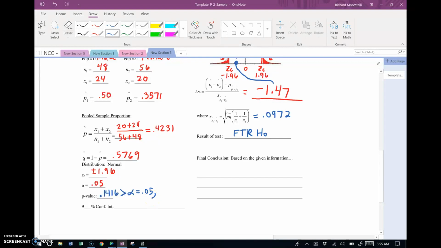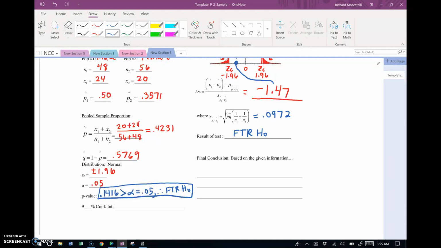And remember, when the p-value is bigger than alpha, you fail to reject the null. So this is the p-value methodology. When the p-value is bigger than alpha, you fail to reject the null hypothesis, and when the p-value is smaller than alpha, you reject.